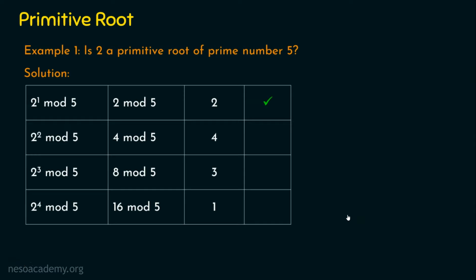Yes, we can see 2, 4, 3, 1 are all distinct values. So 2 is a primitive root of the number 5. The answer is yes, 2 is a primitive root of prime number 5. I hope things are clear to you.